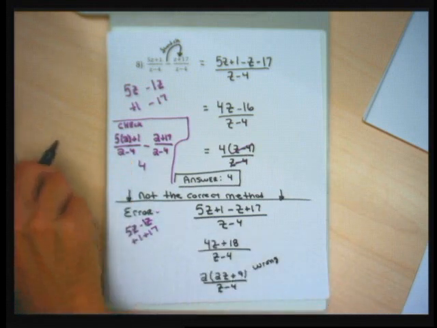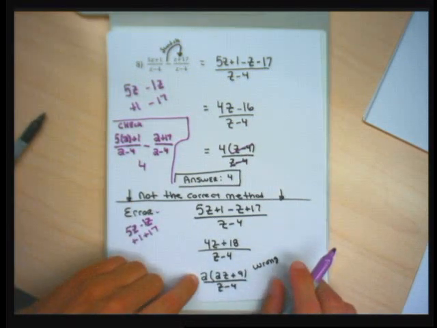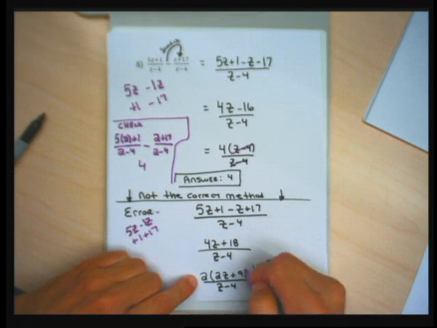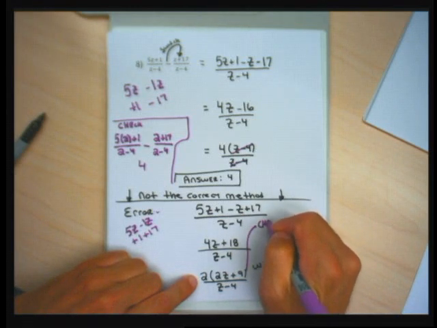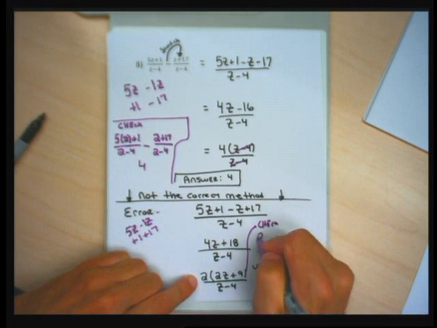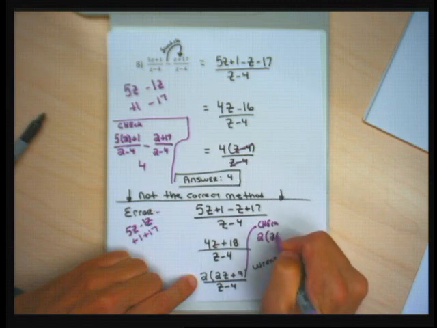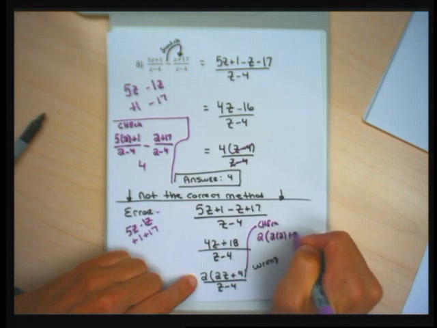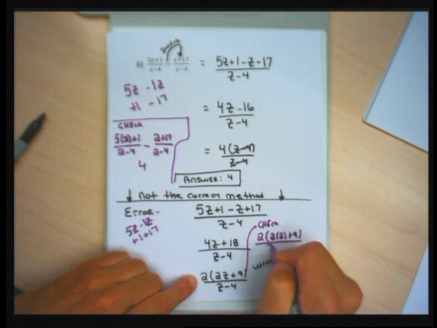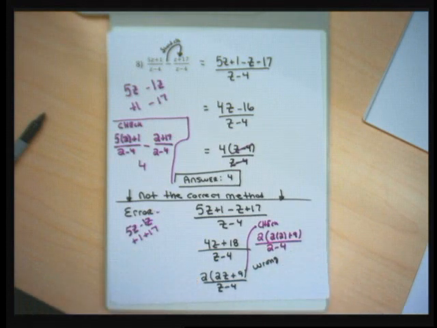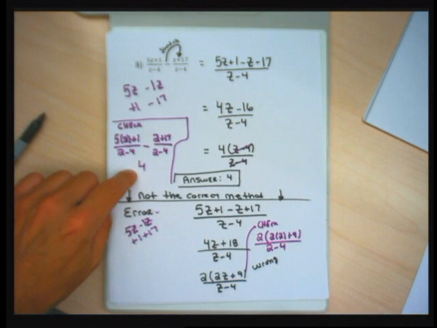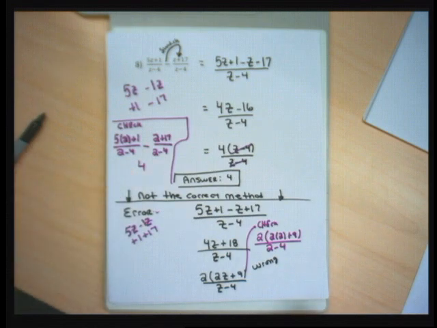I would have to get 4 when I plug 2 in for z into this answer. So if I wanted to check this wrong answer, I'd have to go 2 times 2 times 2 plus 9 over 2 minus 4. And for that to be right, I'd have to get 4, because that's what I got when I plugged 2 into the original problem.